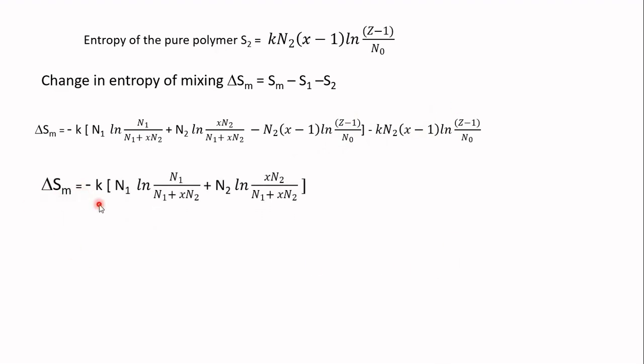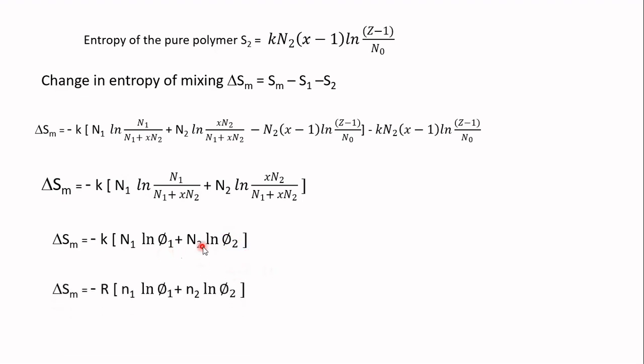Then delta Sm will be equal to minus k into [n1 natural logarithm of (n1 divided by n1 plus x n2) plus n2 natural logarithm of (x n2 divided by n1 plus x n2)]. Then delta Sm is equal to minus k into [n1 natural logarithm of phi 1 plus n2 natural logarithm of phi 2], where phi 1 and phi 2 are the volume fractions of the solvent and polymer respectively.